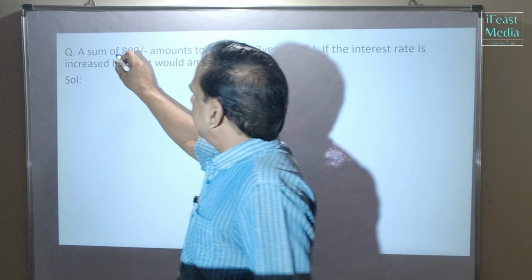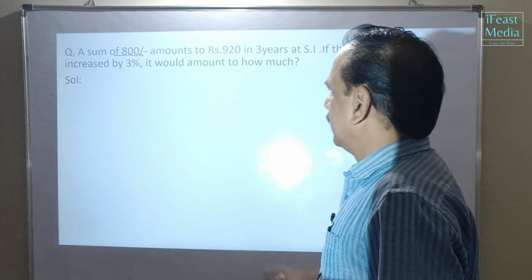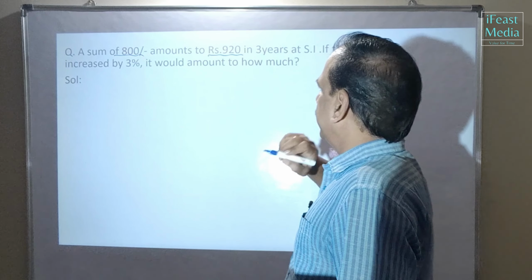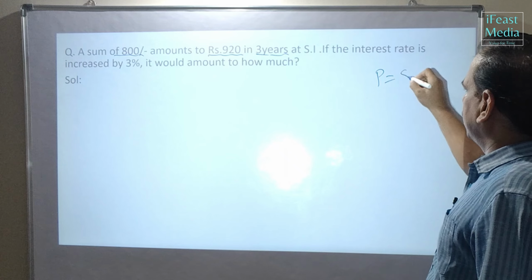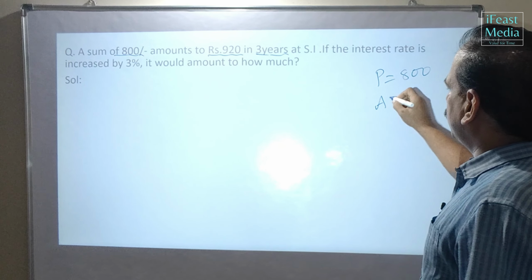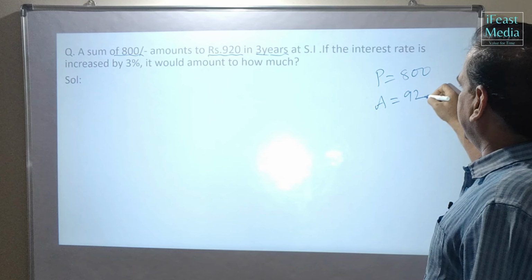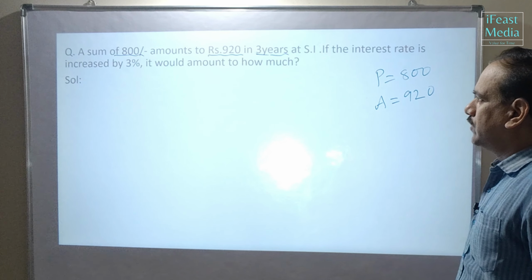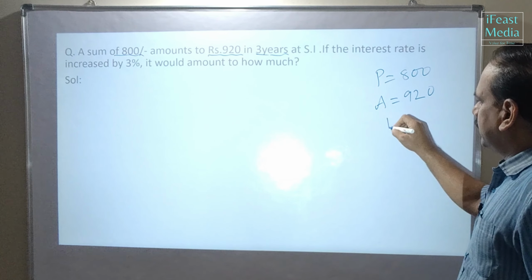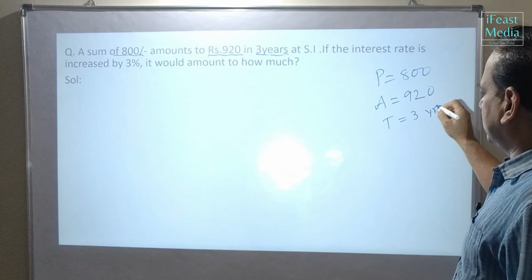A sum of money 800 rupees amounts to 920 in 3 years. So a sum of money means principal. Amounts to means amount is 920. This principal has become this much amount 920 in 3 years.